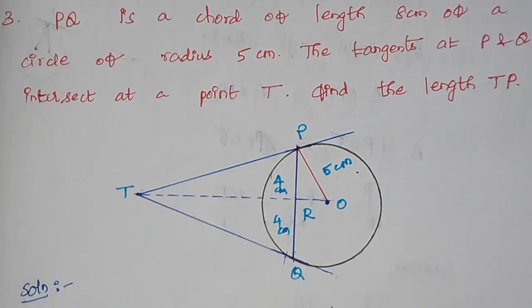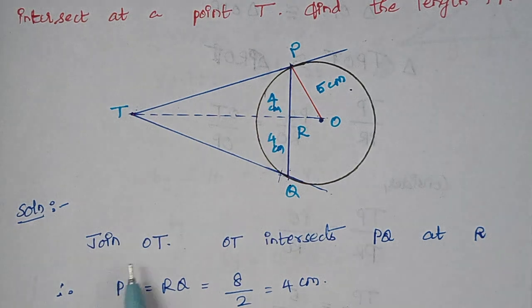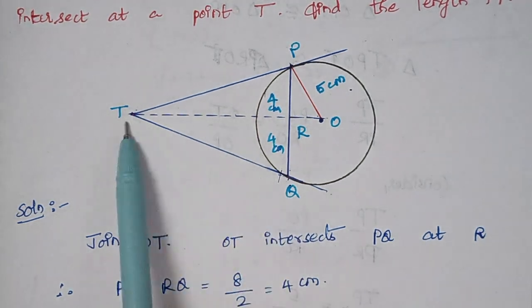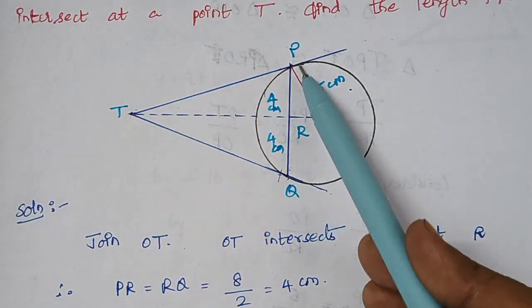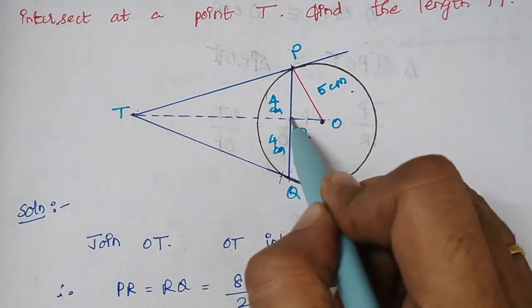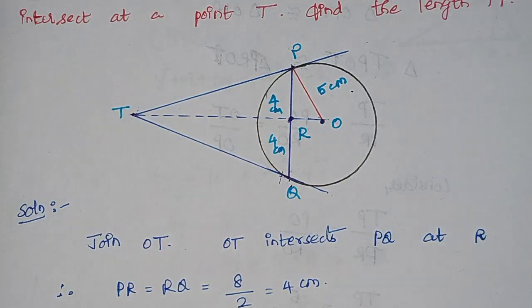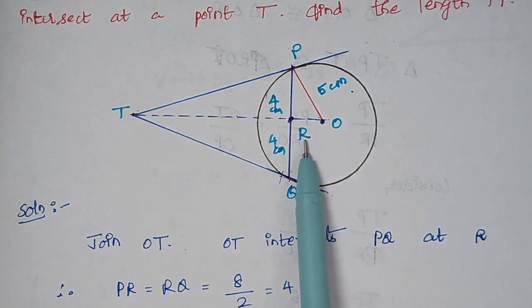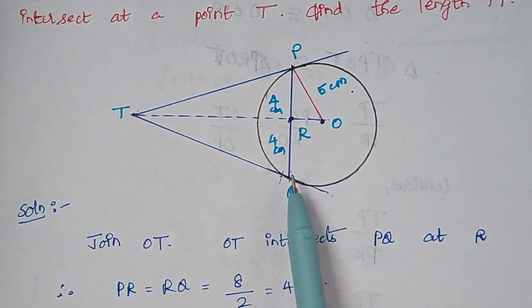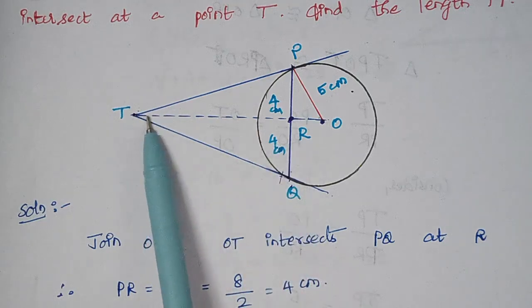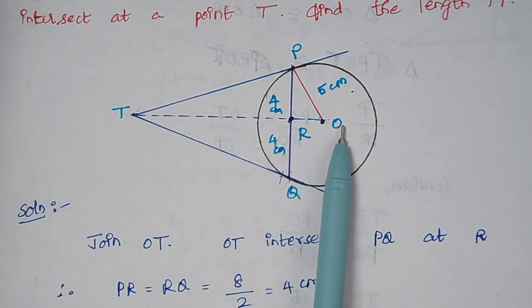So the first step is, join OT. Now this OT intersects the chord PQ at a point R. Because of this, it divides the chord of 8 cm equally into 4 centimeters, because this is the line at the middle of the chord.